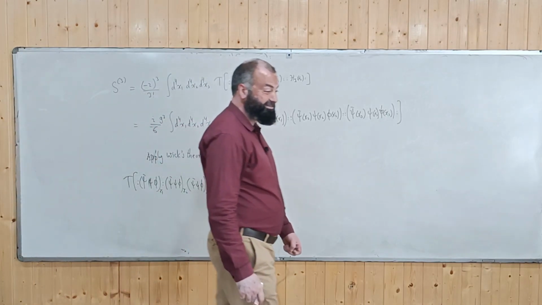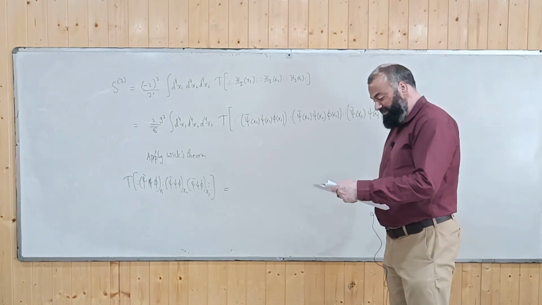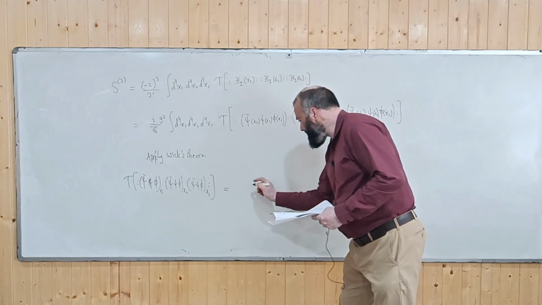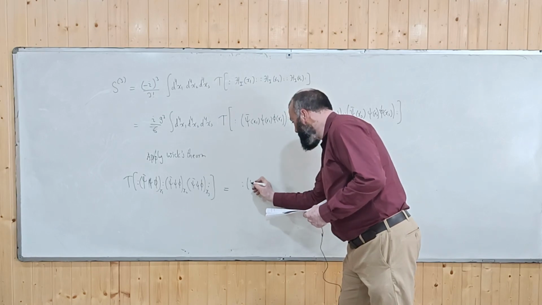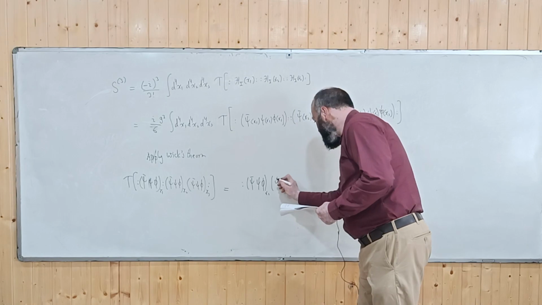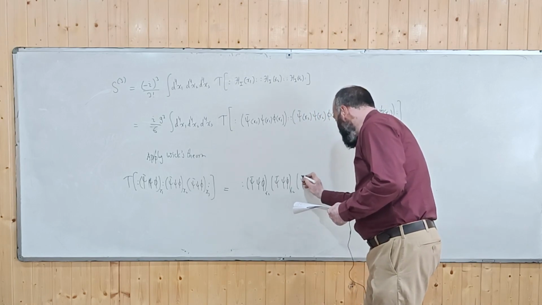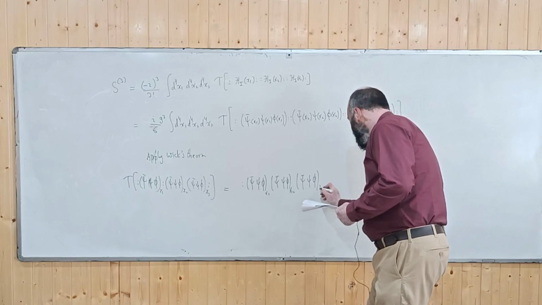Let me check which kind of terms I have taken first, because that will help me. So let me write this psi bar psi phi at x1, psi bar psi phi at x2, then psi bar psi phi at x3.